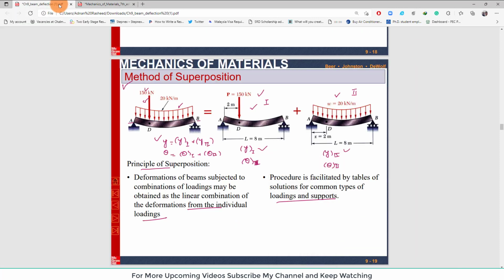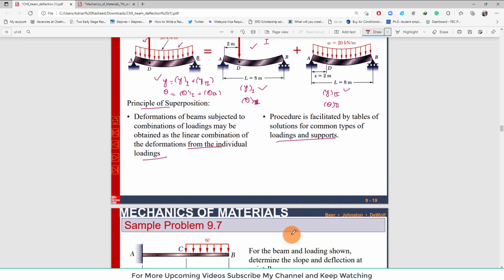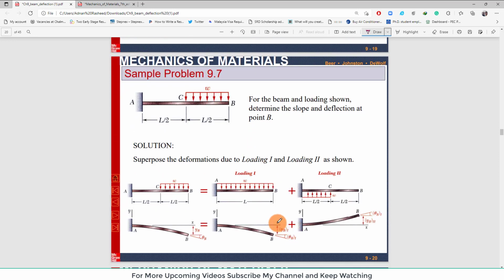So let's move further. We will solve a simple problem in order to have further clarification or a clearer picture of how the method of superposition works. You can see sample problem 9.7.